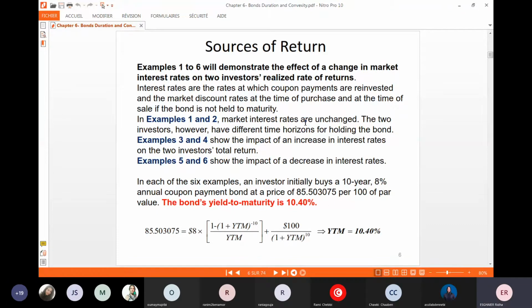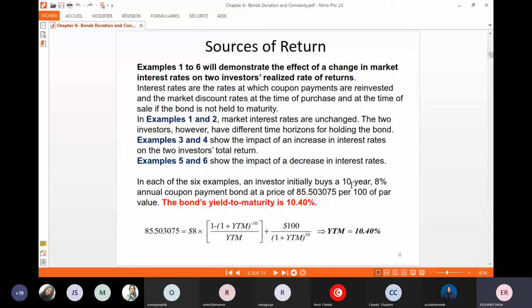The bond that these investors will buy is the same: a 10-year bond with 8% annual coupon payment, with a price of $85.5. So this is the price paid initially by the two investors to buy the bond. Annually, this bond will pay an 8% coupon, or $8 each year.